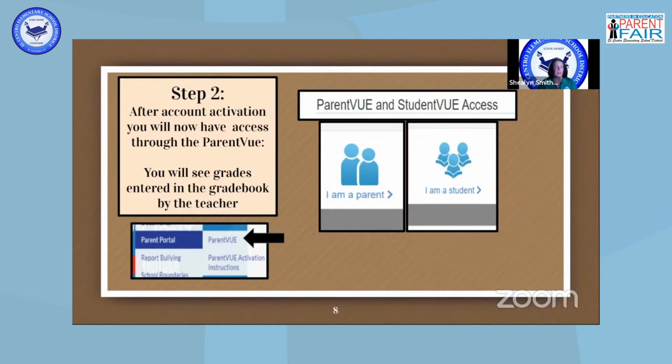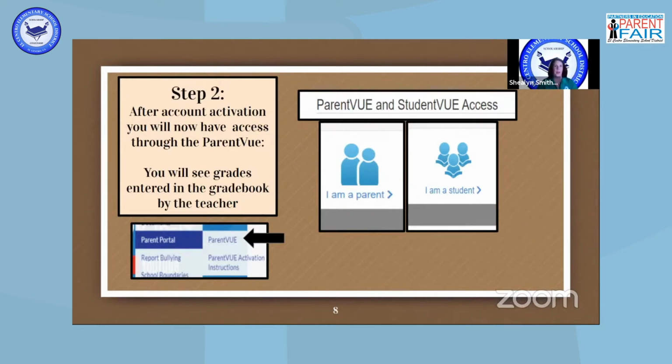So it's important that we give time for the teacher to enter the grades in the grade book, because remember, our elementary school teachers have up to 35 students, and of course our junior high teachers have 150 students.